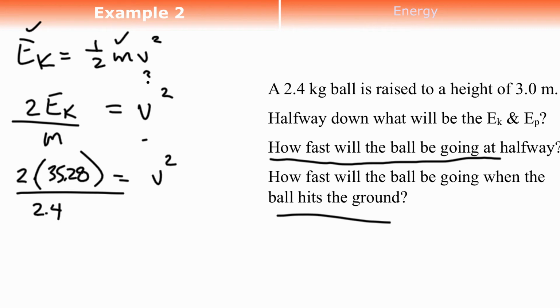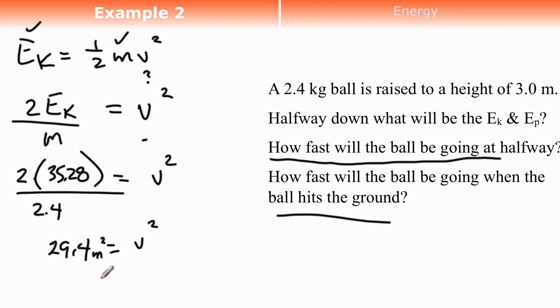Now, let's multiply that out. So 2 times 35.28 divided by 2.4 equals 29.4. So 29.4 is equal to v squared. The units for this would be meters squared per second squared.